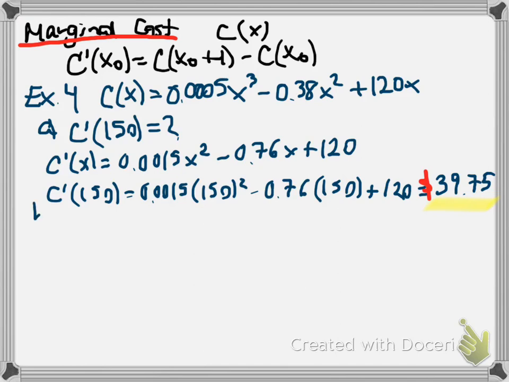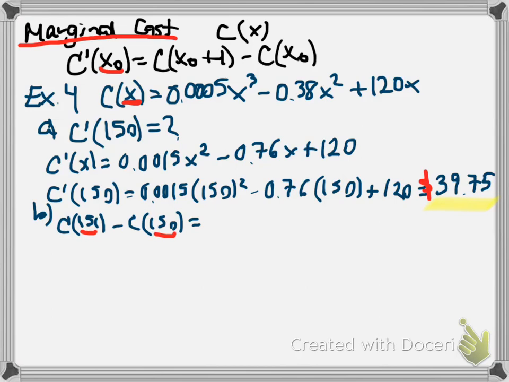So let's do it by finding the real value. It's a 1 unit increase. Remember that when we use the marginal cost, we use X initial, the lower value, okay? So for the real one, it's going to be C of 151 minus C of 150. We're going to use this value of 151 and plug it in here, minus this one, plug it in here to find the second value.